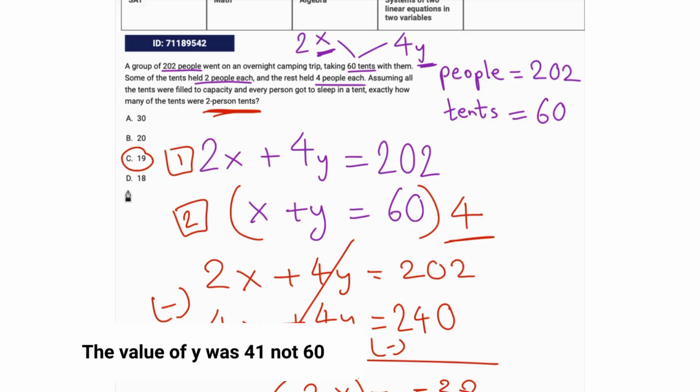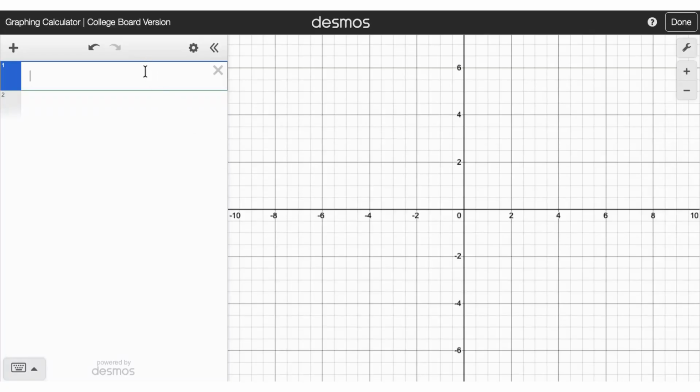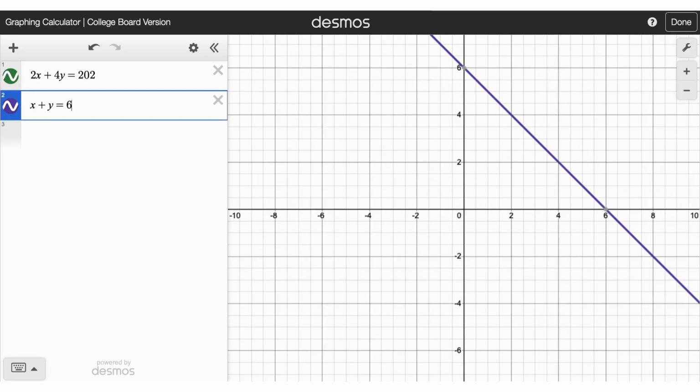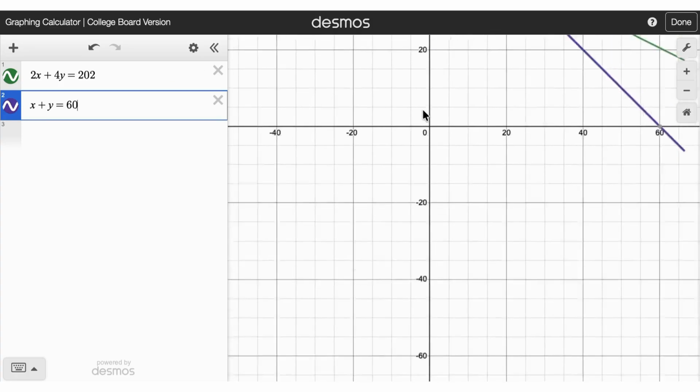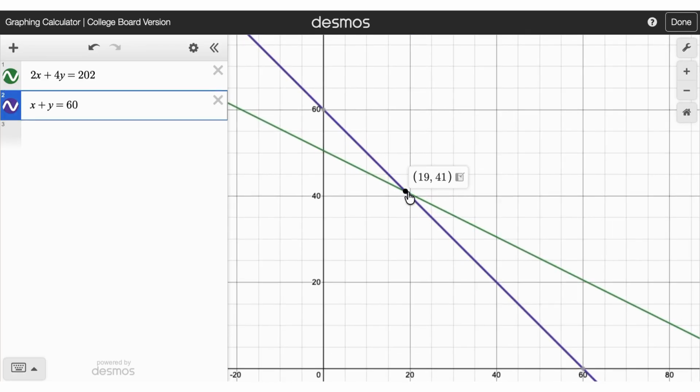Now let's solve this with Desmos. I have Desmos here, and I'm going to type in the equations that we formed earlier in the video: 2x plus 4y equals 202, and x plus y equals 60. Now if I zoom out a little, there you go, we got our point.